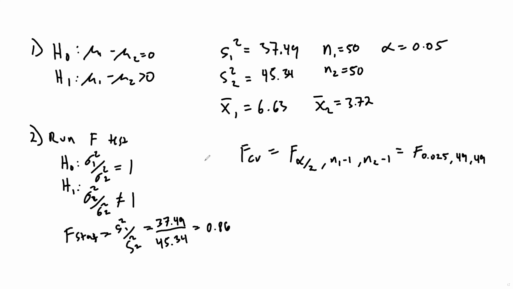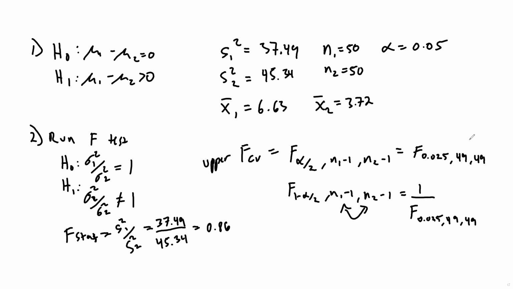Remember, this is our upper bound, and our lower bound is f of 1 minus alpha divided by 2, comma, n1 minus 1, n2 minus 1. Now the shortcut I showed you, it's 1 over f of 0.025, comma, 49, comma, 49. So the good thing, remember, all you would do is switch these two. It's beneficial here because they're both the same exact value. So this would be your lower bound.